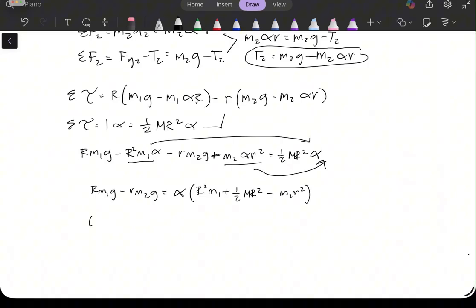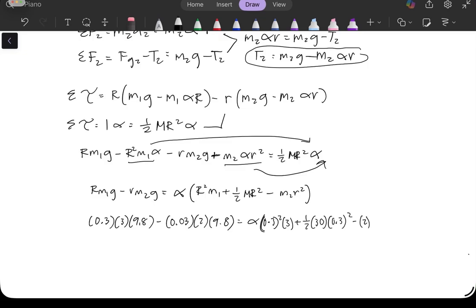And then we plug in all of our values. And then this will simplify to this. And then to isolate for alpha, we just divide both sides by 1.6218.